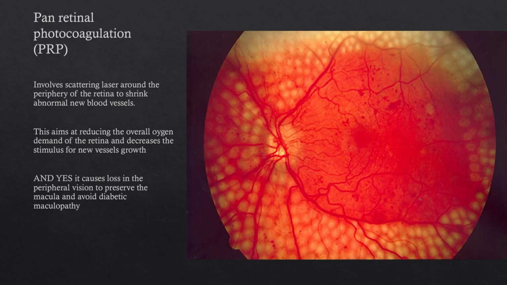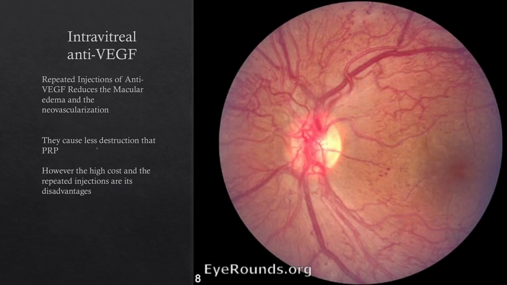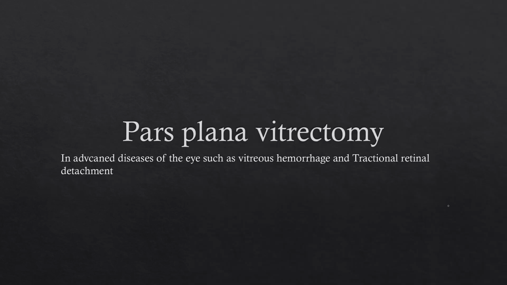We use laser to hit the periphery of the retina. And keep in mind, when we hit the periphery of the retina, yes, this could lead to loss of peripheral vision, but we want to preserve the macula. Another disadvantage of the laser compared to anti-VEGF is that it causes destruction to the retina. With anti-VEGF, we don't shoot any part, we just inject the anti-VEGF.